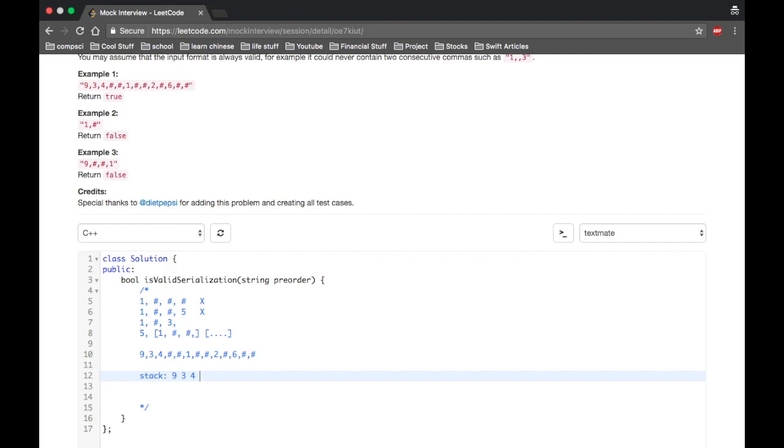Okay, well, how is having a stack different from just allocating the tree? Is there any way I can just do this just by looking at the string? I don't know.